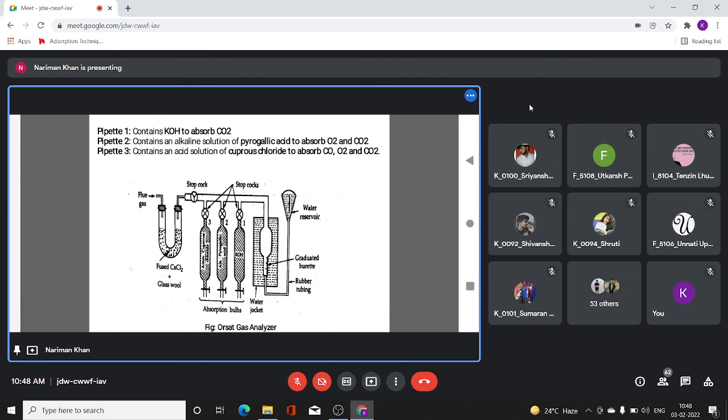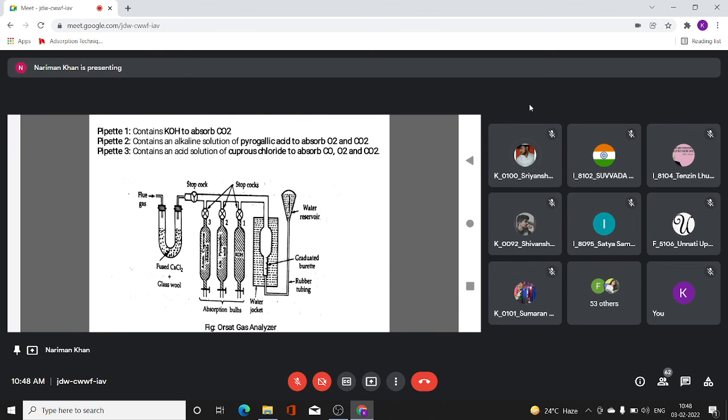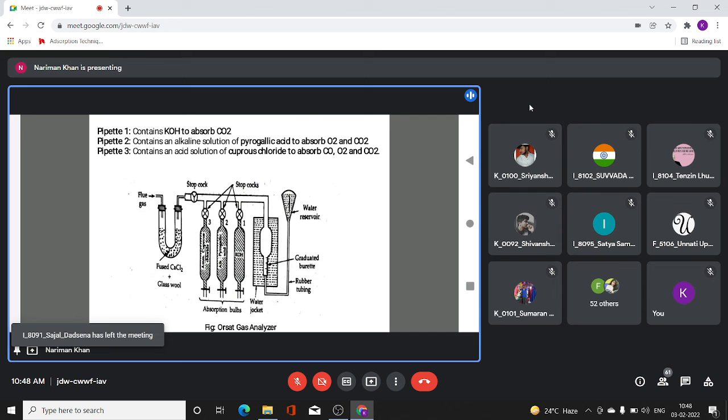So what is the function of calcium chloride? Absorbs water. Yes, it traps water. Whatever moisture, water vapor is there, is trapped by calcium chloride, and the flue gas becomes dry.